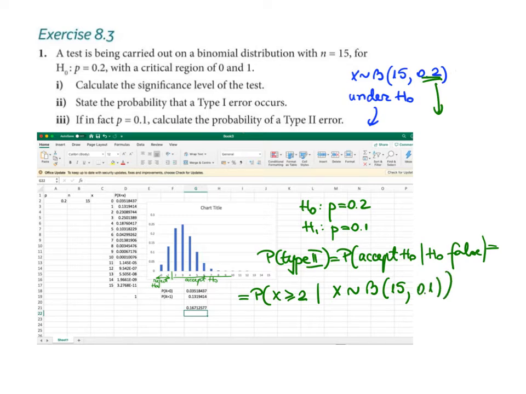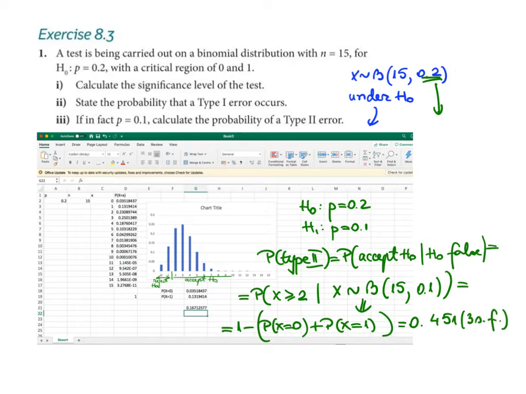So I need to find this probability on the new distribution: 1 minus the probability of x equals 0 plus the probability of x being 1. And don't forget that we are on this distribution. And I get 0.451 to 3 significant figures. So this is the probability of a type 2 error in the case when p is 0.1.